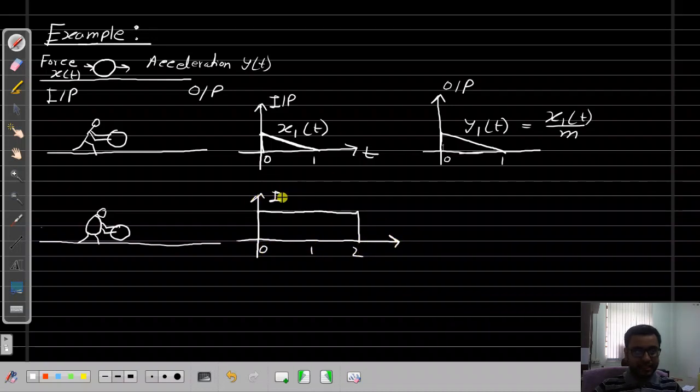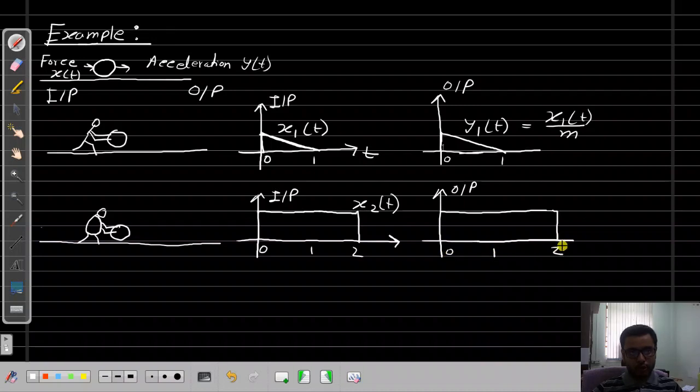This is input, call it x2(t). Then the way the object will move, the acceleration will also look like this: 0, 1, 2. Call it y2(t), which will be same as x2(t) divided by the mass.